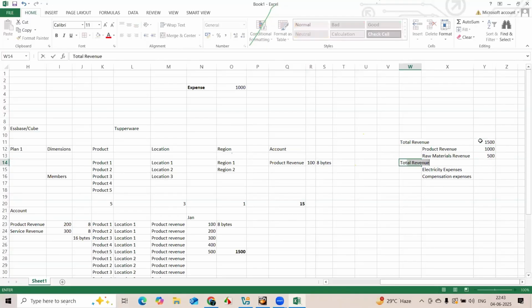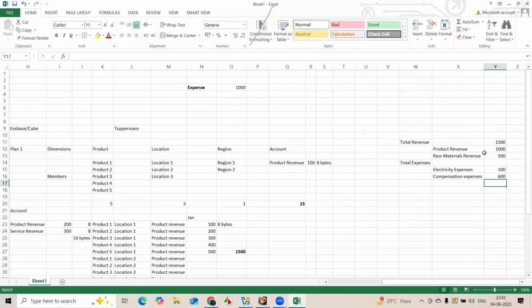What will be the total expenses? For the electricity expenses, let's say for that month they got a bill of $100, and for compensation they provided $600 to their employees. So total expenses will be 100 plus 600. How much is it? 700.